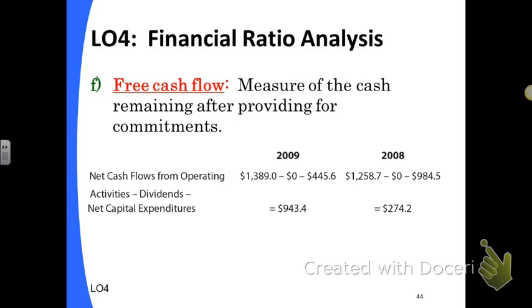So we're going to take our net cash flow from operations, again, from our cash flow report. We're going to take our dividends, which is down lower in our cash flow report, and we're going to take our net capital expenditures, which is also down a little bit lower in our cash flow report. And the balance of these gives us our free cash flow.